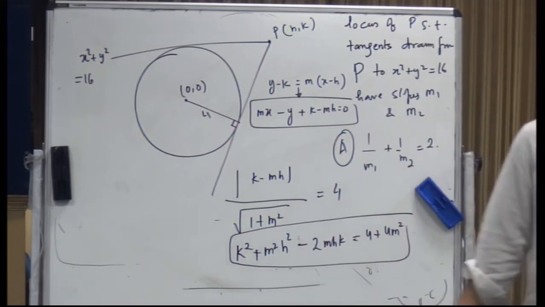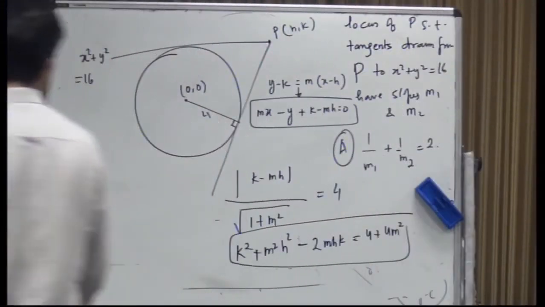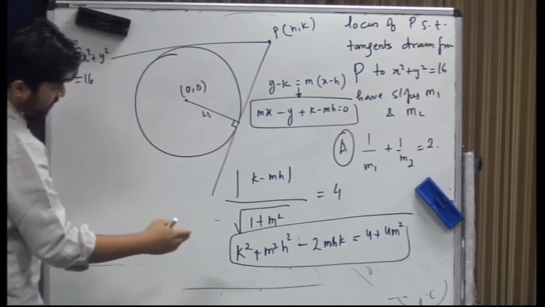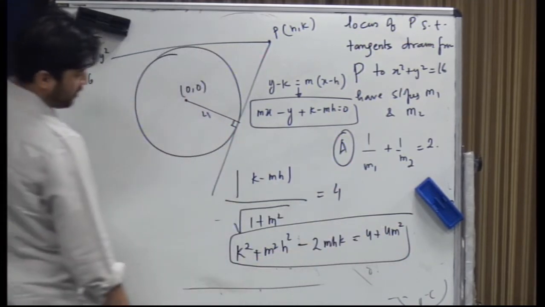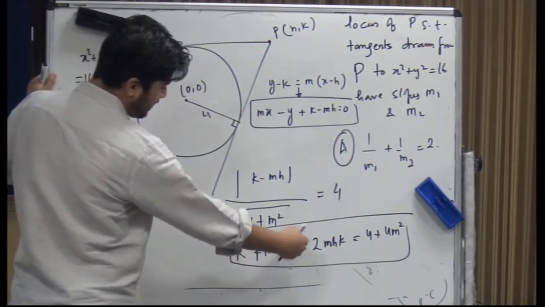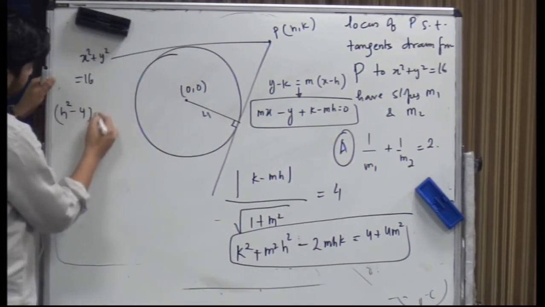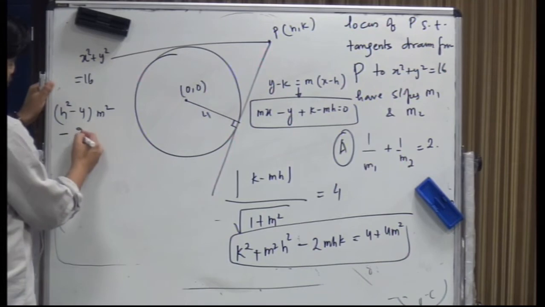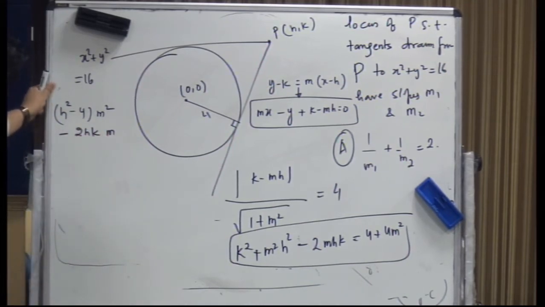This is a quadratic equation in m, this is the quadratic equation in m. So if I rearrange it, I'll write 4m square and then you have m square. तो मैं इधर ले आता हूँ सबको, तो I can write h square minus 4 into m square, right or wrong? Yes, sir. Okay, minus 2hk m, right or wrong?